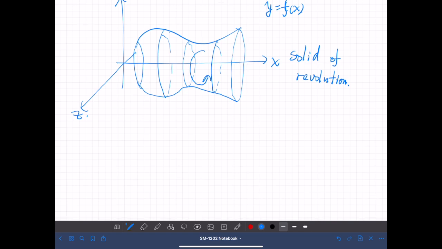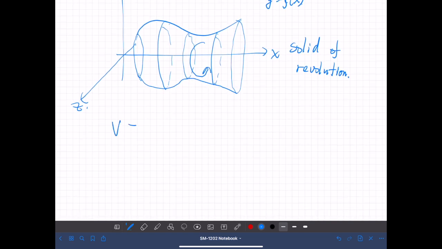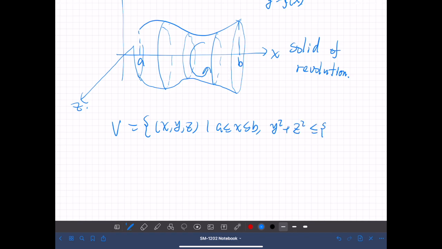More formally, such a solid of revolution can be defined in this way: the set of points x, y, z such that x varies from a to b, and y squared plus z squared is less than or equal to f of x squared.